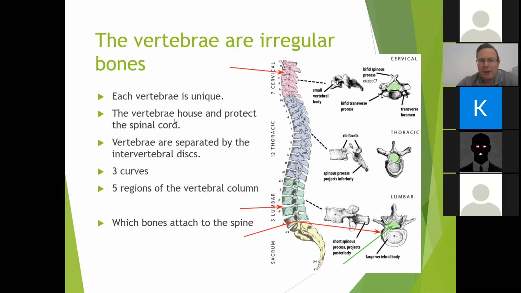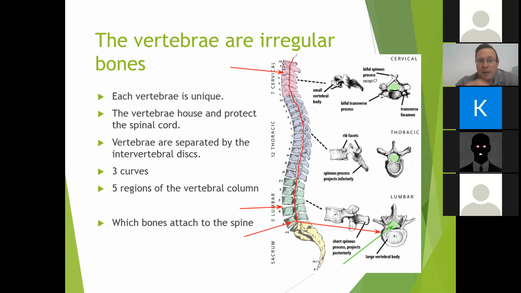The vertebrae house and protect the spinal cord. You can see it sits in that space behind those vertebral bodies. So if I drew a picture in red, the spinal cord itself goes directly behind those vertebral bodies.